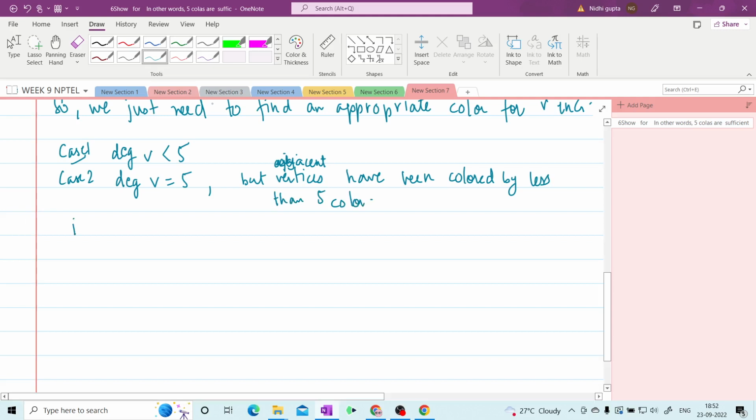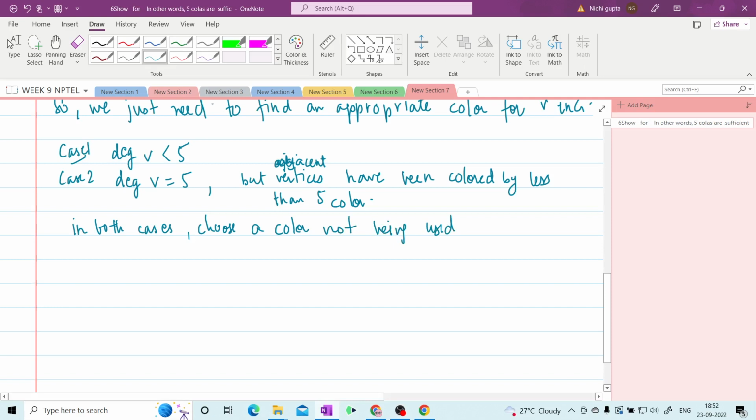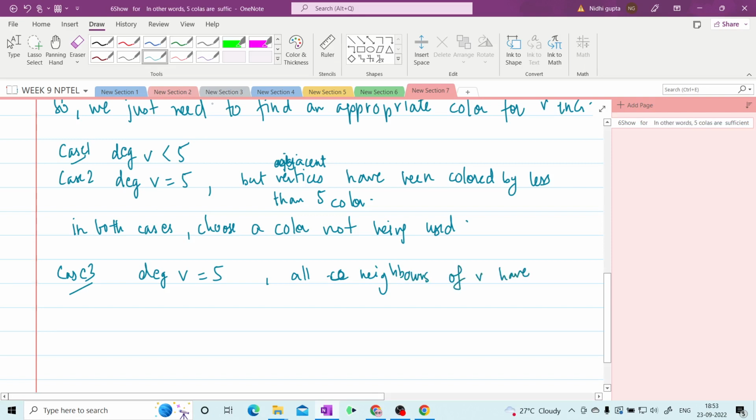In both cases, choose a color not being used, and you are done. So what is the remaining case? That degree of V is 5 and all neighbors of V have different colors.